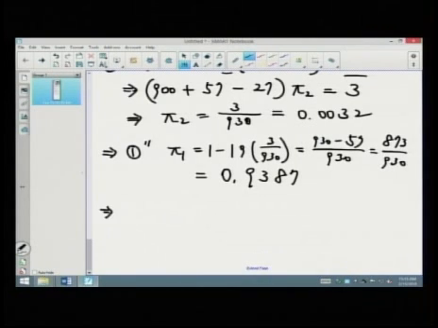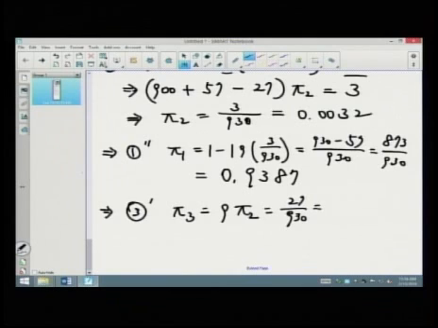Now we can get pi 3, right? So from 3 prime, we have pi 3 equals 9 times pi 2. So it's 27 over 930. What is this? Okay, I do have 0.029. Is that right? And this is also the same as pi 4.